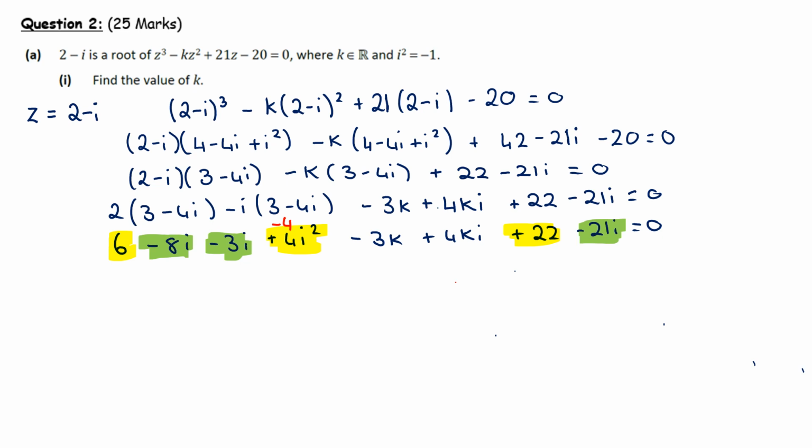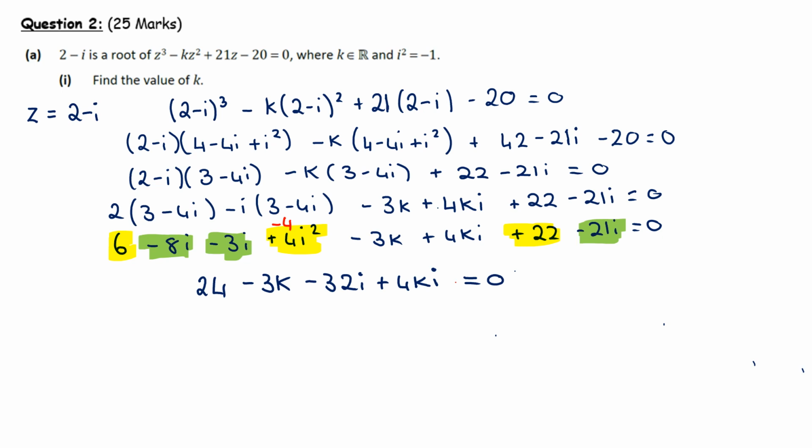But what we get is 6 minus 4 plus 22, that's 24. And then I have a minus 3k, that's the real part. And then I have minus 8i minus 3i, that's minus 11, minus 22, so that's minus 32i plus 4ki, and that should all equal 0.